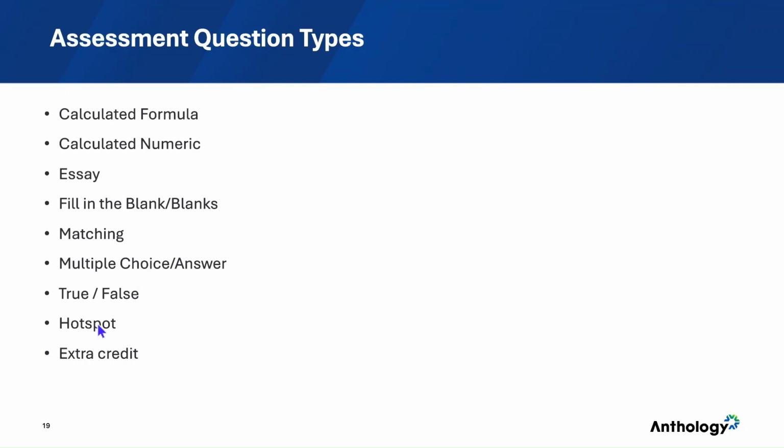And the hotspot question is really great, and I have seen great uses of this question type. Present an image without answer options, and you can mark a certain area of the image to represent options for the students to select from. There's also always the option to turn these questions into extra credit questions.